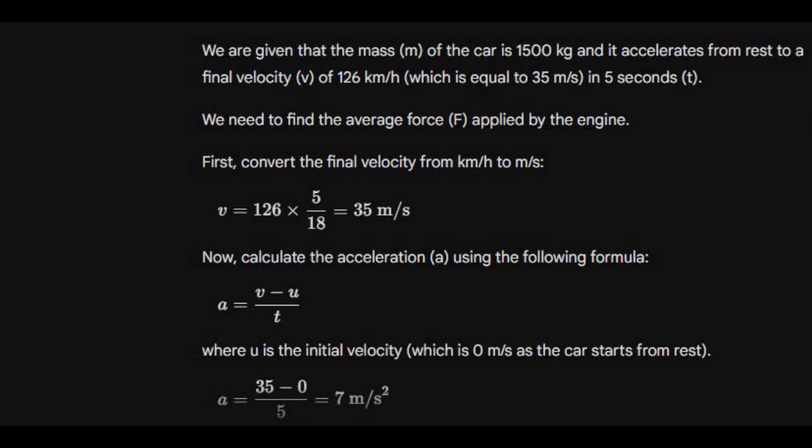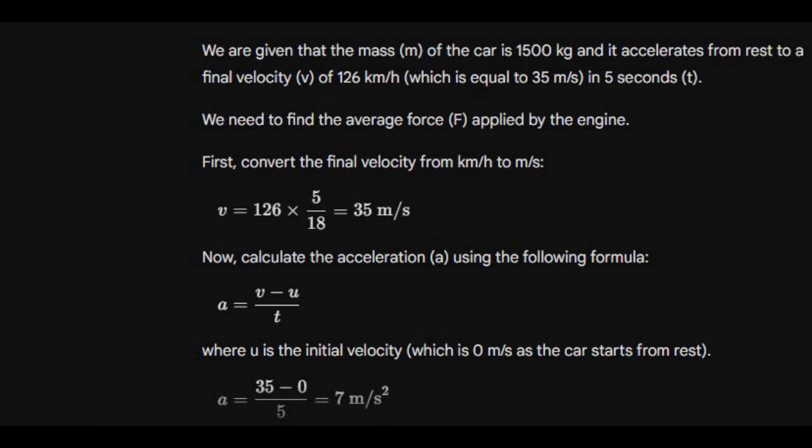We need to find the average force, F, applied by the engine. First, convert the final velocity from kilometer per hour to meter per second. v = 126 times 5/18 = 35 meters per second.